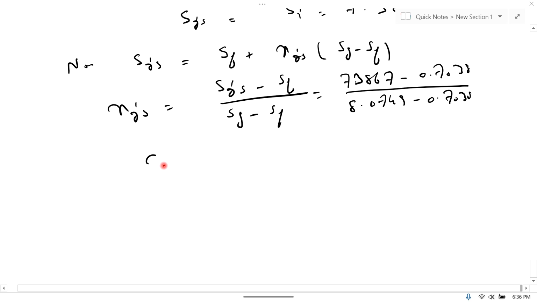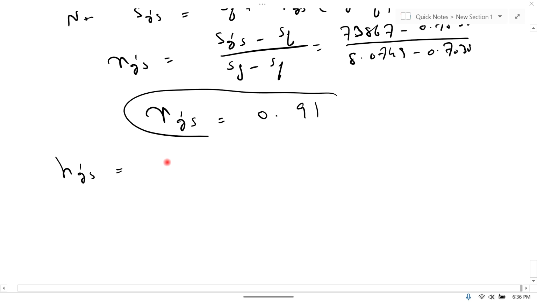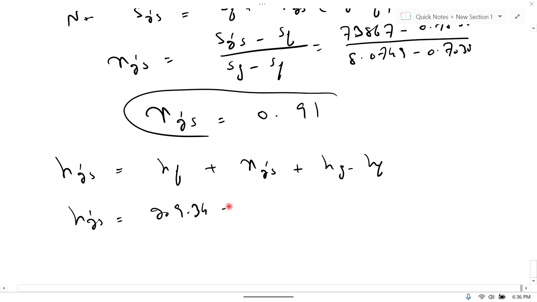So X2 dash S is equal to 0.91. Now find H2 dash S, the ideal enthalpy at the exit of the low pressure turbine, which is Hf plus X2 dash S into Hg minus Hf. All these values are known to us. Hf is equal to 209.34 plus 0.91. This is not plus, this is multiplication.